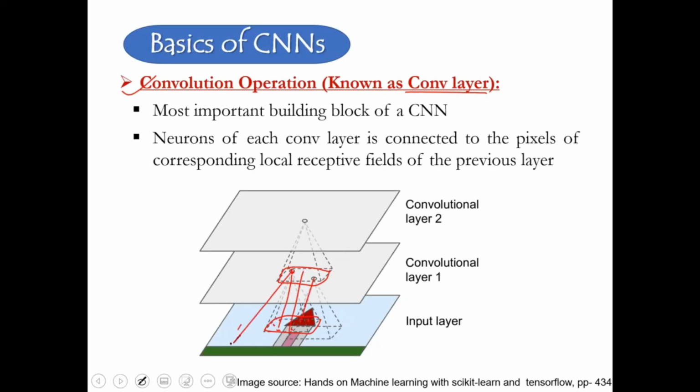So this neuron will not be connected to this neuron. That means each neuron is not connected to each of the neurons in the next layer or the previous layer. That's how the connection or interaction between input and the next layer is reduced.